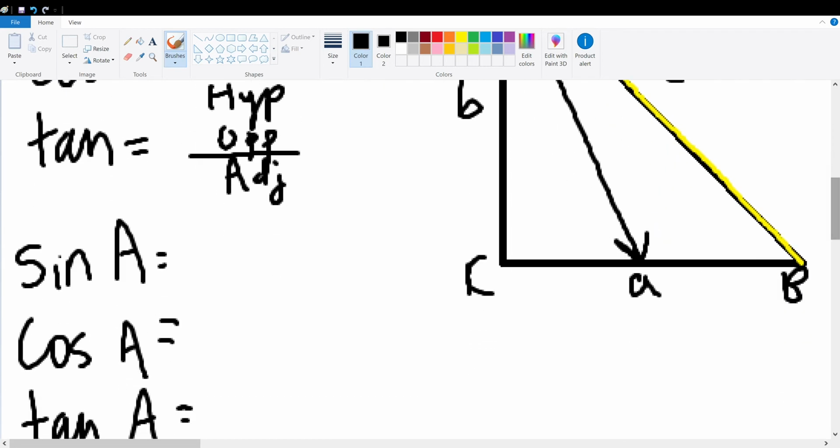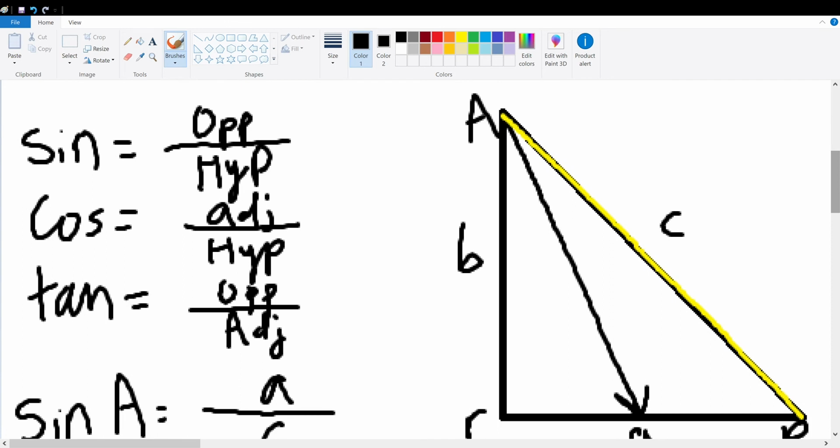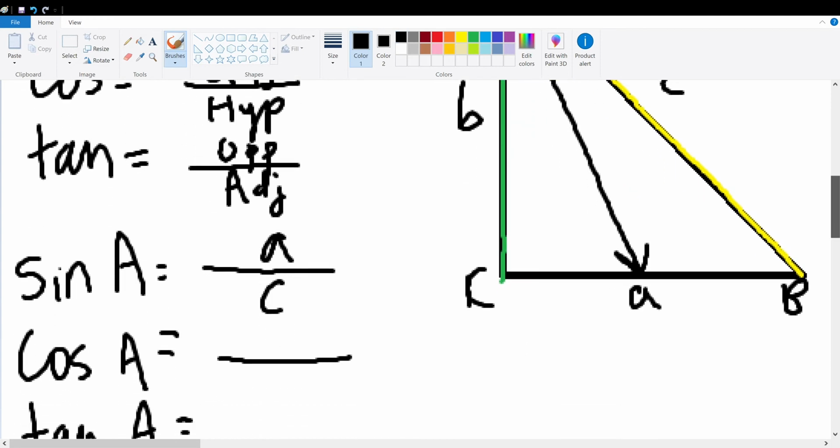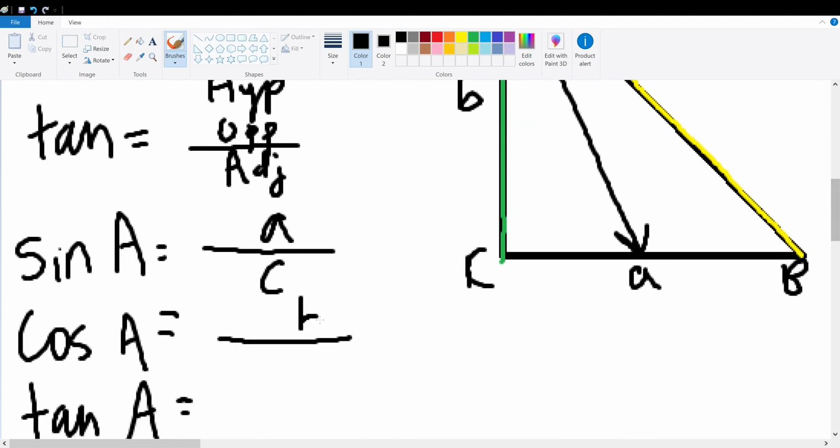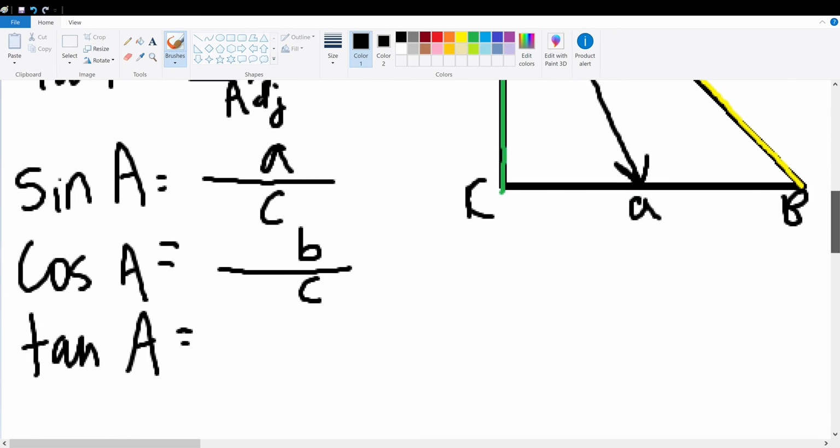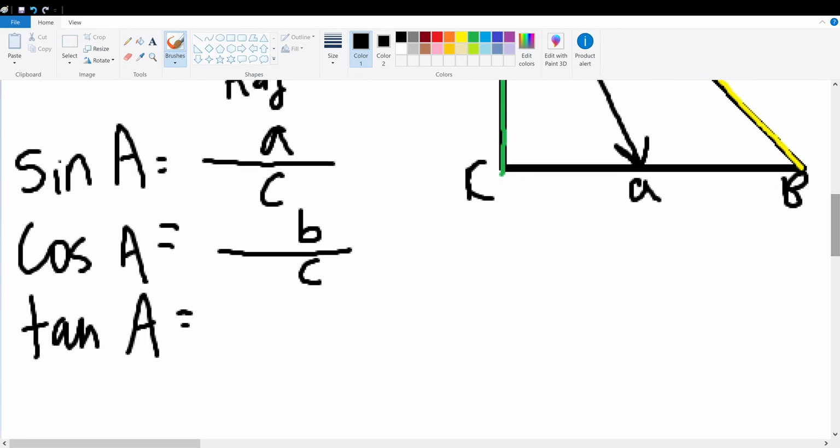So, let's scroll down, and staying true to our definition, write down the ratio of A over C. Likewise for cosine, it is the adjacent side relative to angle A, which is drawn in green right here, side length B. And with the hypotenuse remaining the same as side length C, we write the ratio of cosine A as B over C. Now for tangent, we stay true to our definition, and as always I encourage you to pause the video and attempt to find this out on your own.